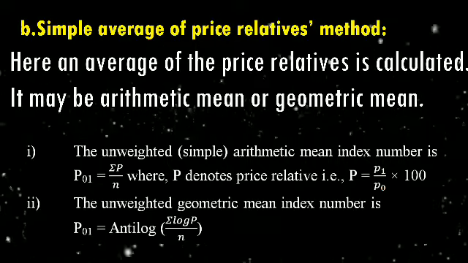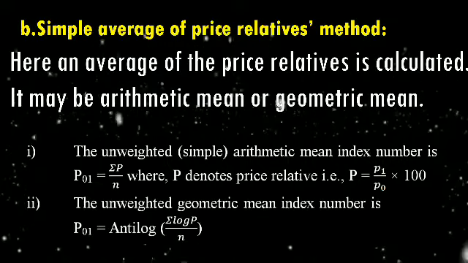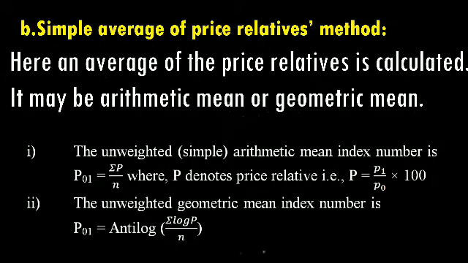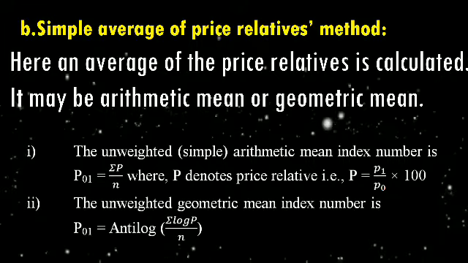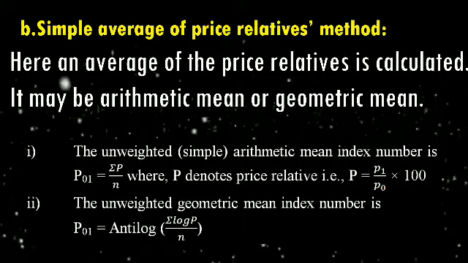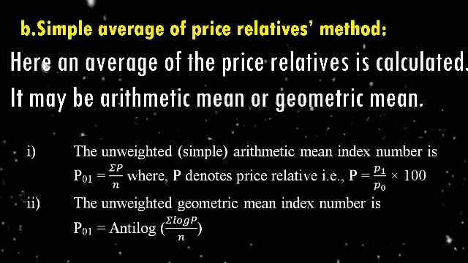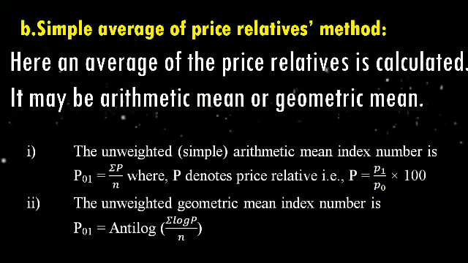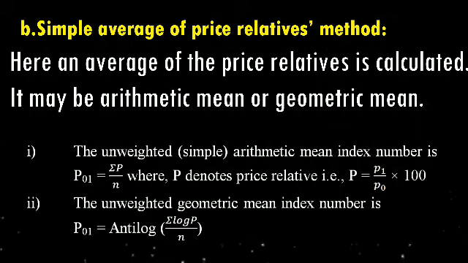So in today's session, we discussed the first method, that is the unweighted index number. Under that, the two different subcategories, that is simple aggregative and simple average of relatives index number. For the simple aggregative method, the formula is P01 equal to sigma p1 divided by sigma p0, multiplied by 100.